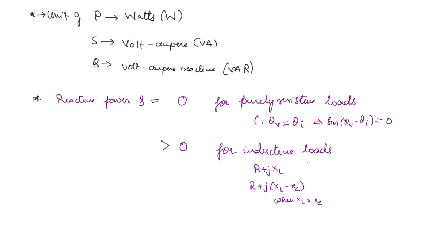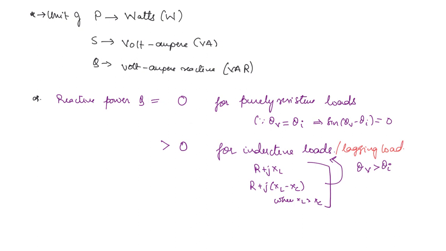In either of the cases, we call them inductive loads. Here theta V will be greater than theta I. For inductive loads, current will always be lagging the voltage. For that reason, we also call it an inductive or lagging load.